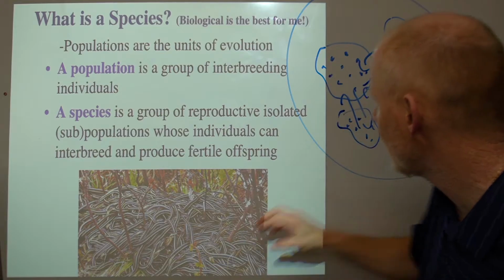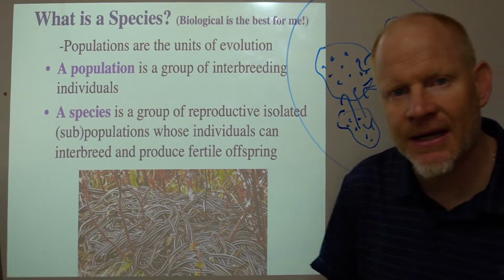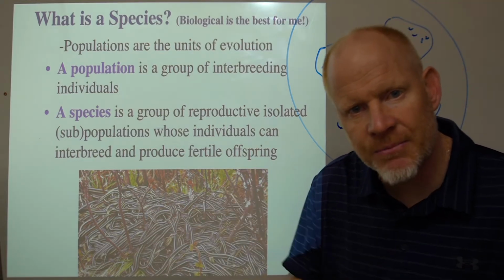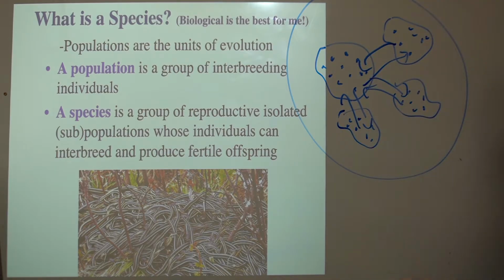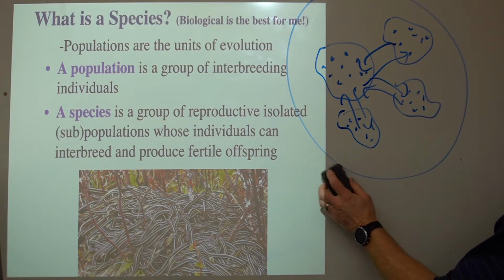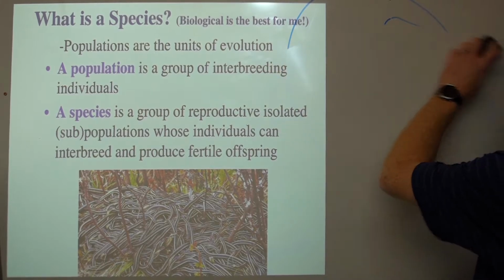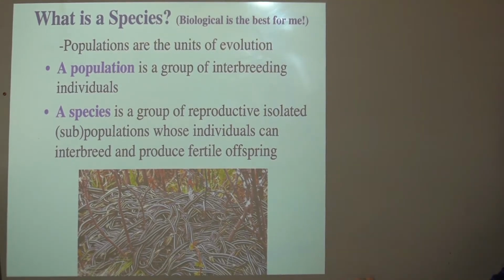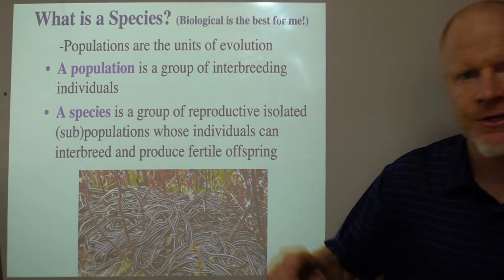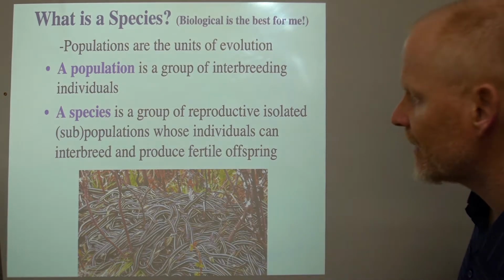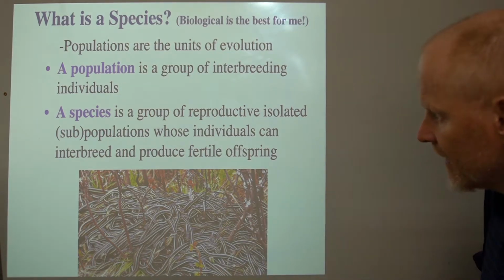Because of that, all these individuals will be able to interbreed because they're exchanging their gene pools. So a species is a group of populations around each other that may be isolated from other species' populations in other places, and they reproduce with one another and produce fertile offspring.